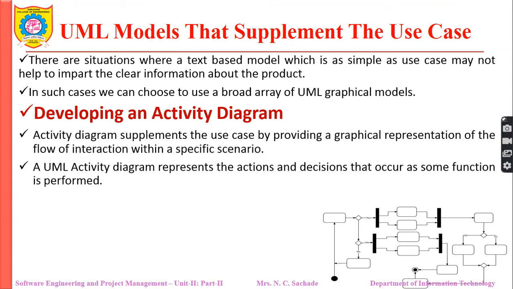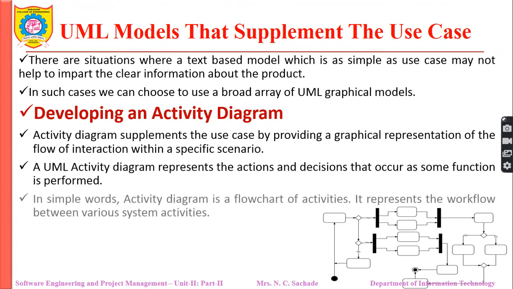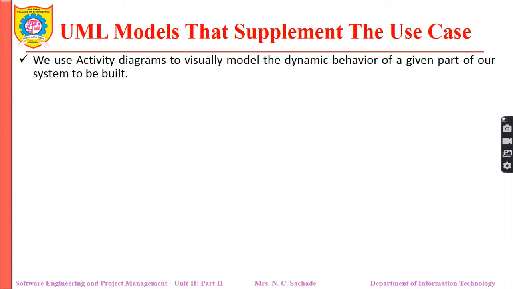So it was like writing an algorithm and representing that algorithm in flowchart. It is here the case that it represents the workflow between various system activities. Flowchart had limited notations, though activity diagram is full of many notations to cover a large variety of systems.